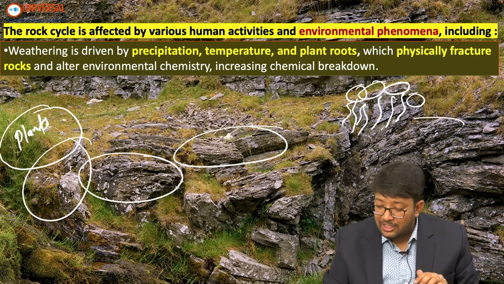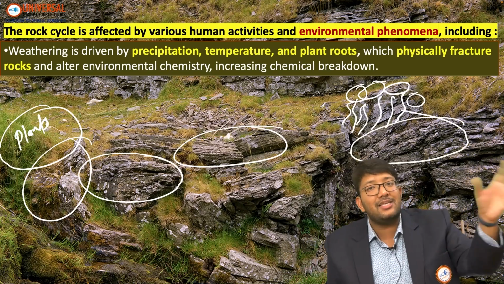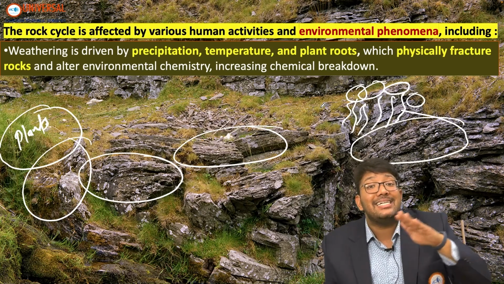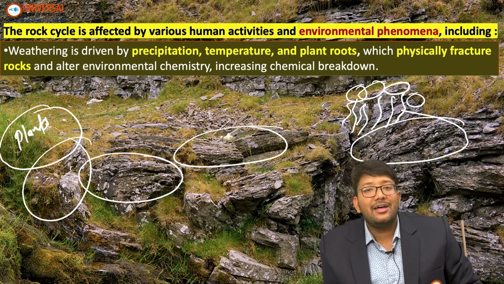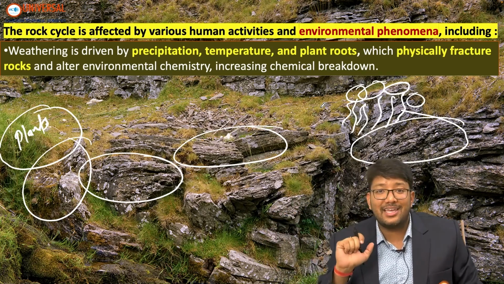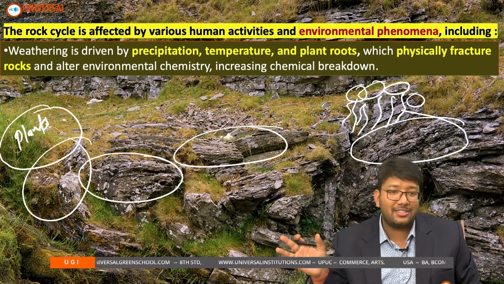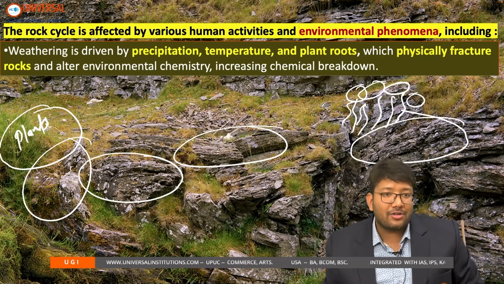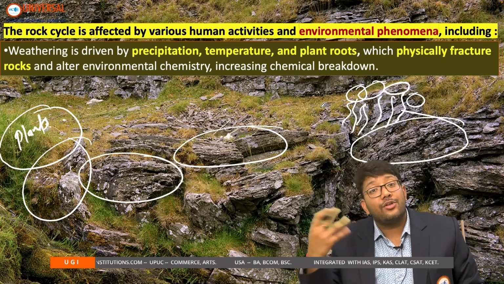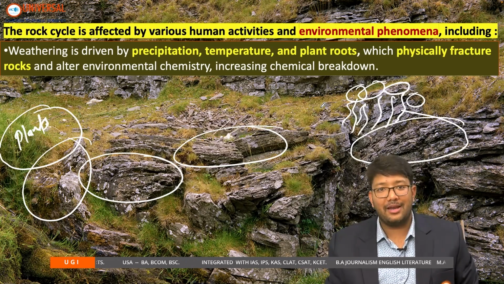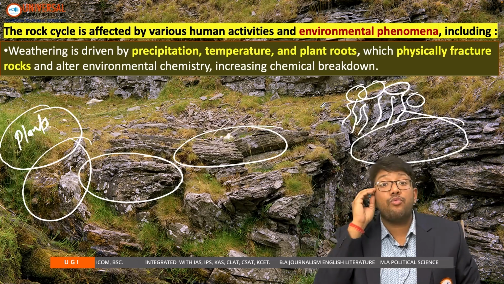Don't you think these rocks will ultimately mix with the soil and other rocks, or be totally disintegrated due to this biological erosion, the biological property of plants, because those roots will be disintegrating the rocks. So again, the rock cycle has been impacted by whom? Environmental phenomena.